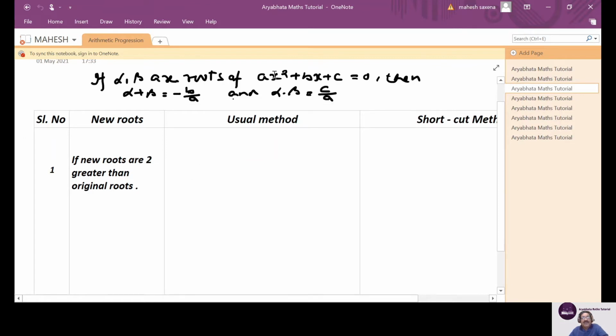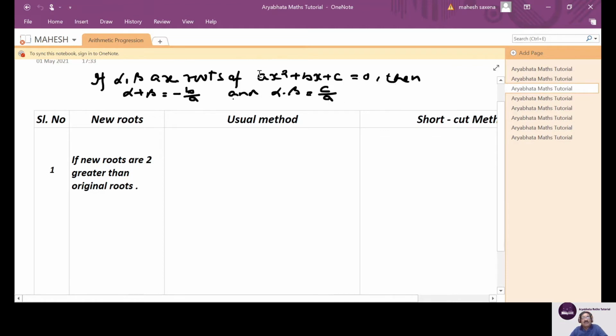Now if the equation is ax square plus bx plus c is equal to 0, and alpha, beta are the roots of this equation, then you already know that alpha plus beta is equal to minus b upon a and alpha into beta is equal to c upon a.